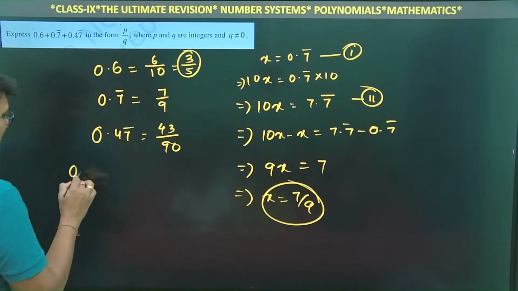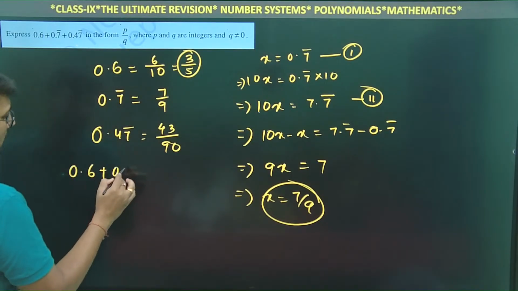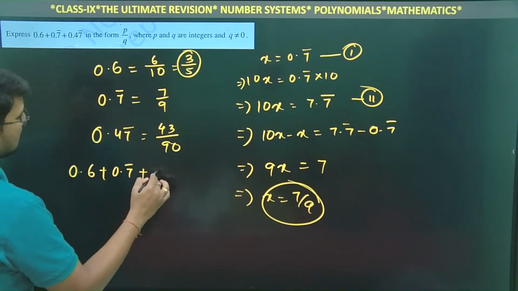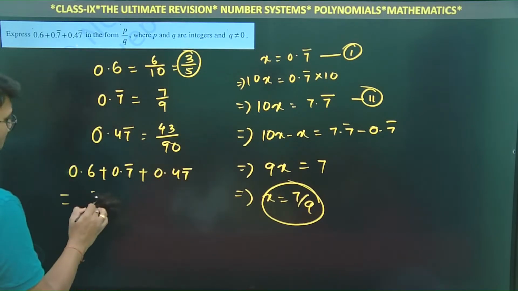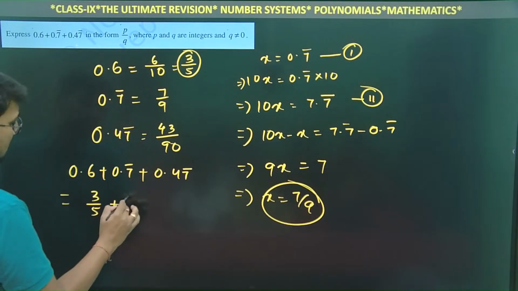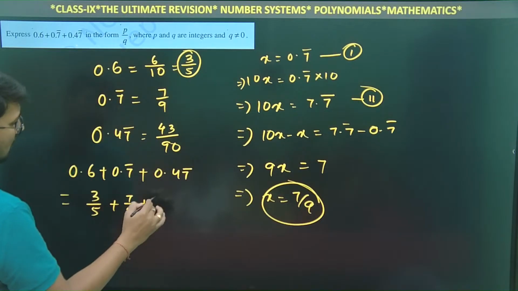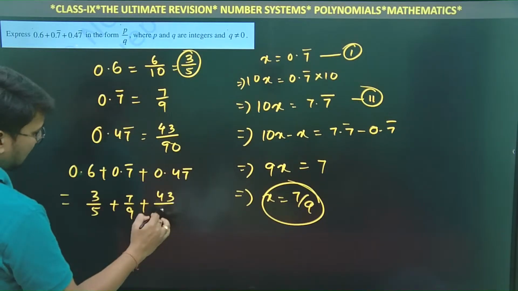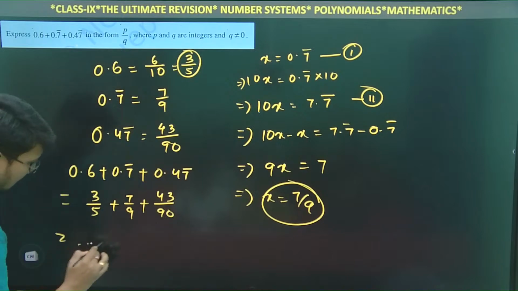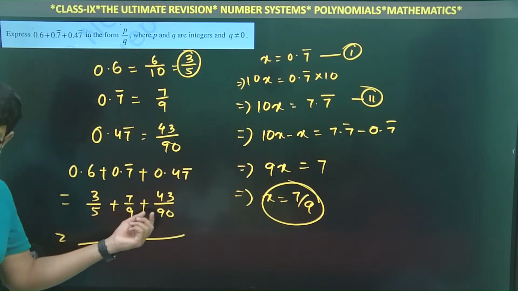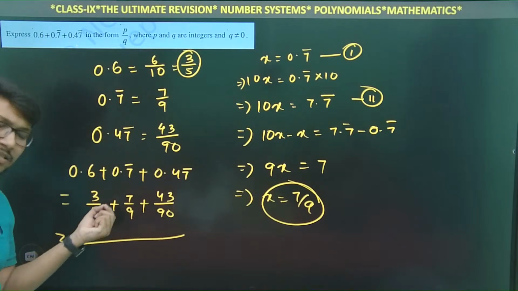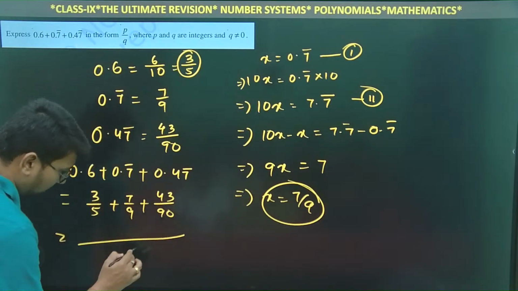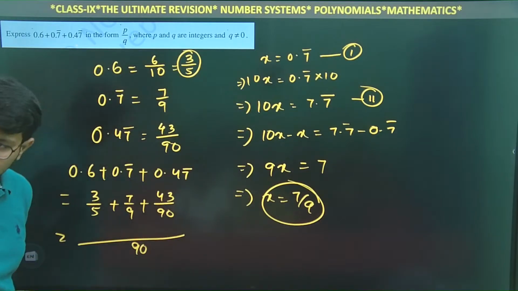While adding, how much will you get? 0.6 plus 0.7 bar plus 0.47 bar, that equals 3 by 5 plus 7 by 9 plus 43 by 90. What is the LCM? 90, na? Because 9 is a factor of 90 and 5 is a factor of 90. So therefore 90 is the LCM.